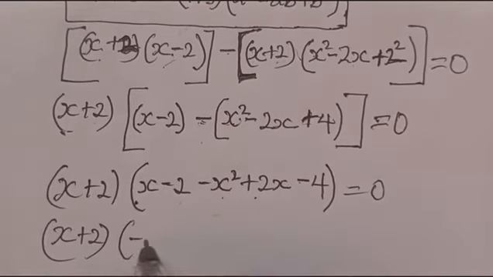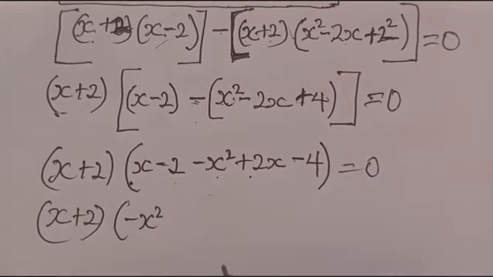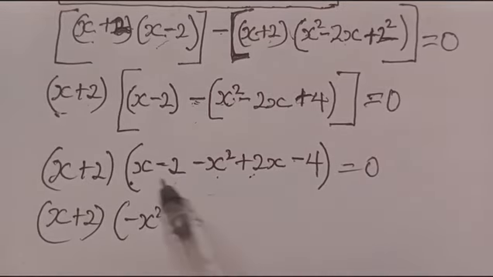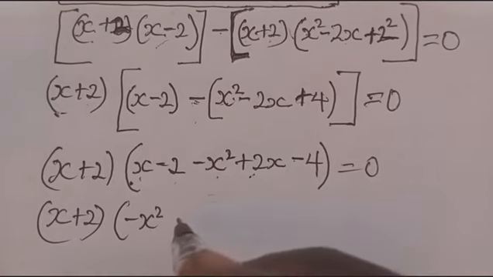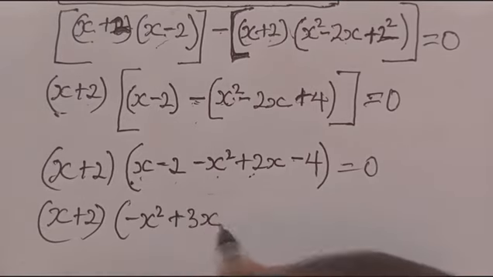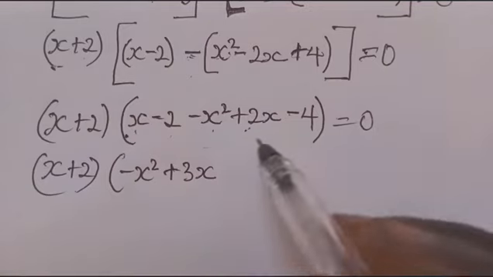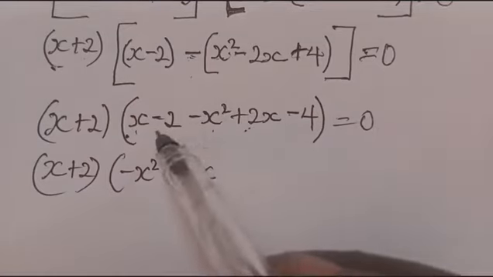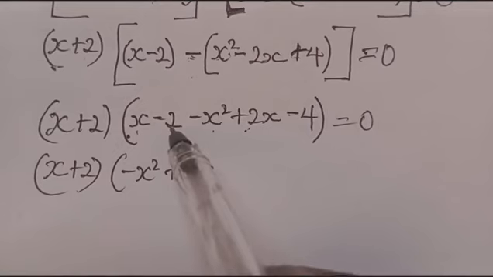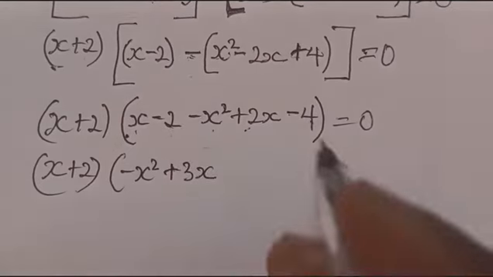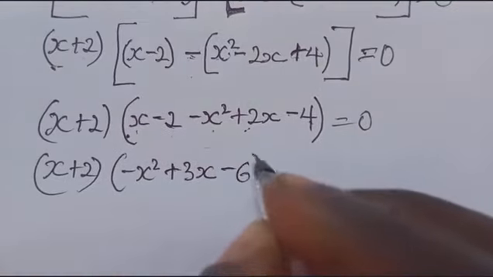Okay, we have minus x square, then 2 plus 2x plus x. That gives us plus 3x. What else do we have? We have x minus 2 minus 4. That gives us minus 6.